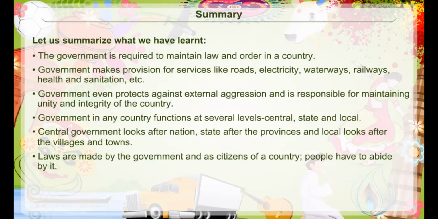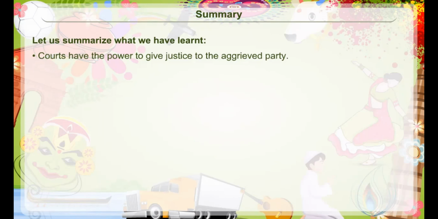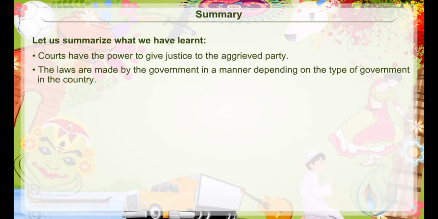Laws are made by the government, and as citizens of our country, people have to abide by them. Government even has the power to enforce these laws. Courts have the power to give justice to the aggrieved party. The laws are made by the government in a manner depending on the type of government in the country.